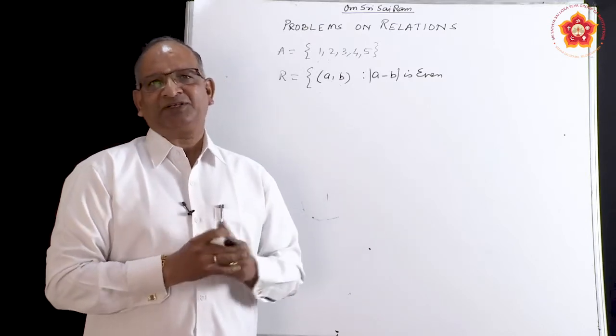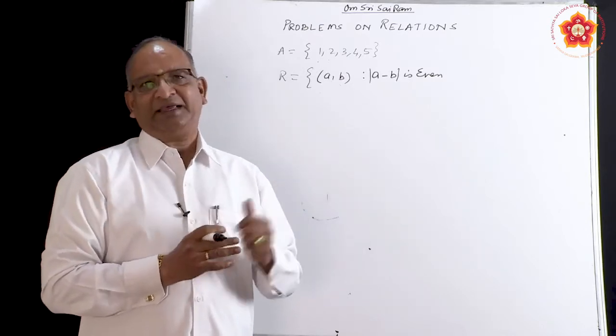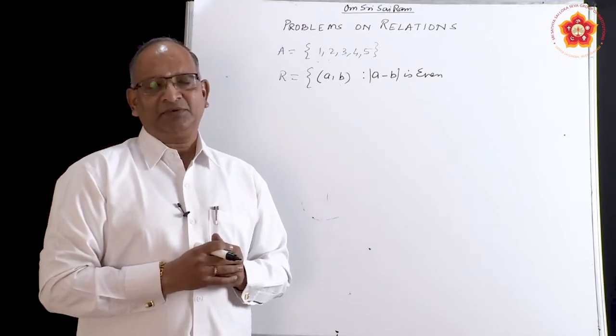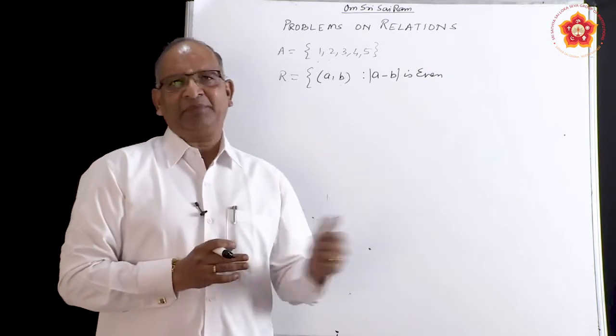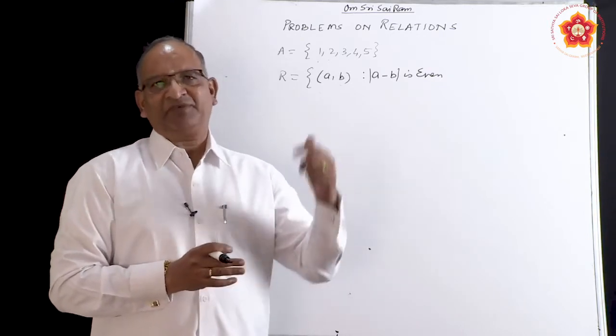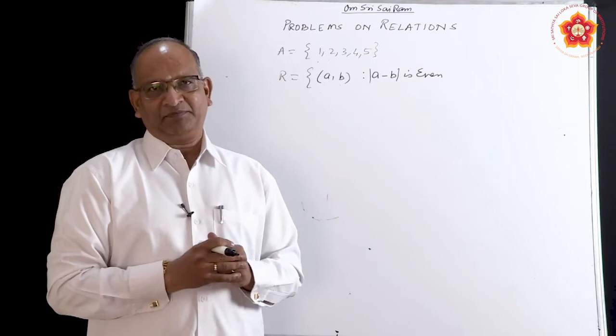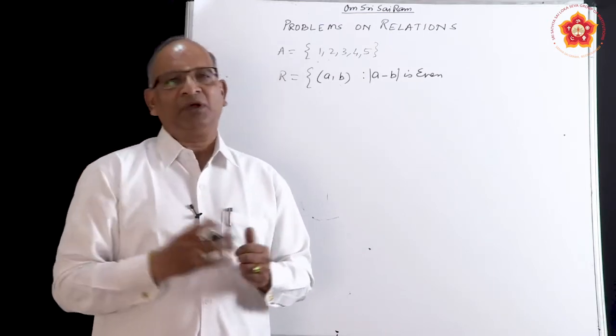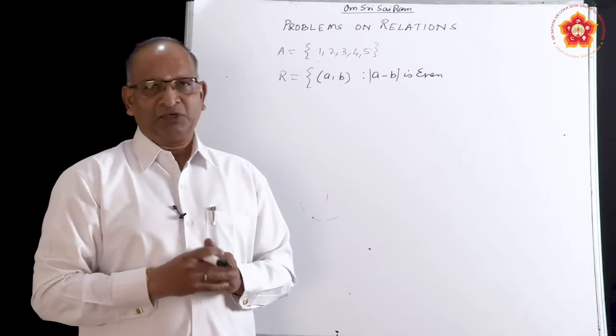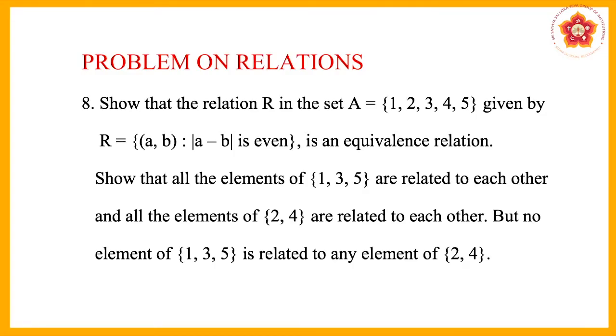When do we say a relation is transitive? By taking three elements, the relation between A and B and the relation between B and C is the same, and if it implies that the relation between A and C is also the same, we say it is transitive. So this particular problem has two parts.